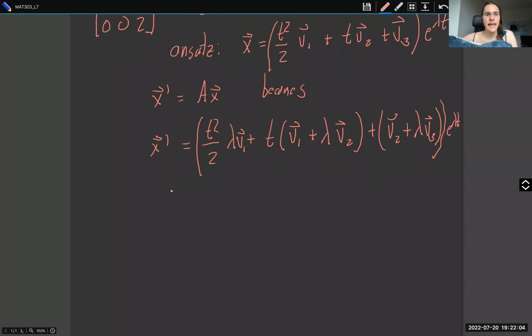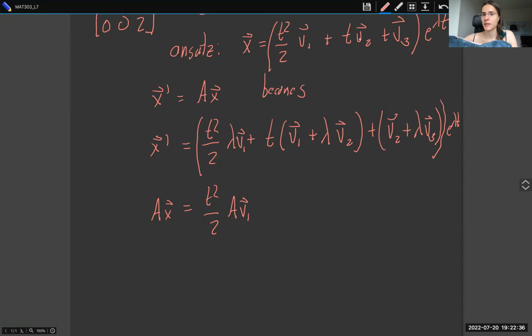And now when we take Ax, what that becomes is, well, this is relatively a constant. So we get t squared over 2 A v1. So as for the first coefficient, it doesn't matter that we had a 2 here. We get A v1 is equal to lambda v1, no matter what denominator we had here, right?